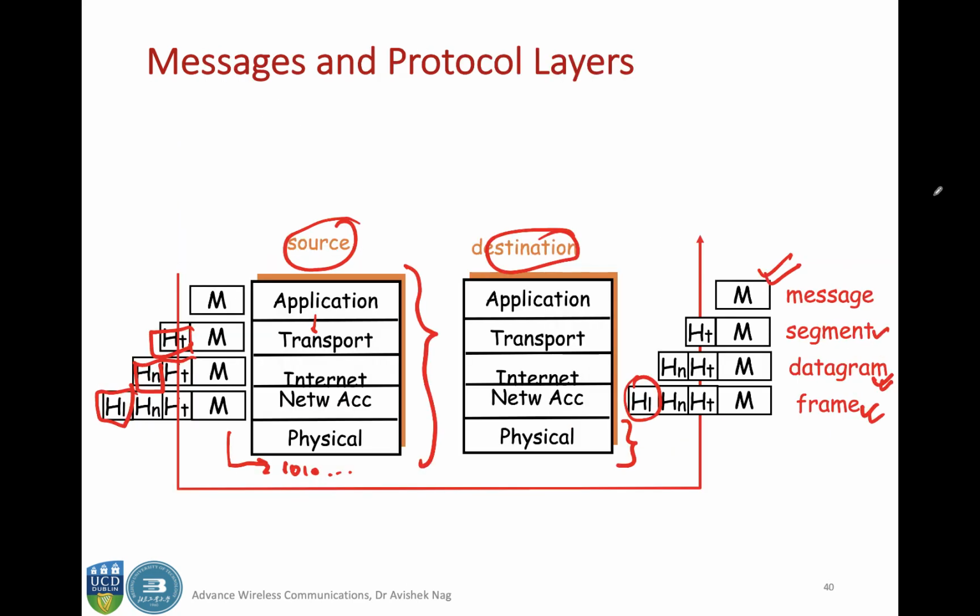Similarly, you have application layer, transport layer, internet layer, network access, and physical layer on the source side, and then on the destination side you also have those layers that do the reverse operation. And finally you get back your message.